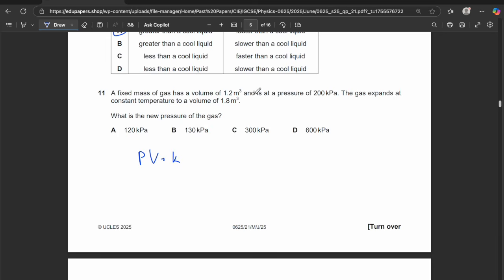So 1.2 times 200 kilo, we just leave it like this, and 1.8 times the pressure. If you put that in the calculator, you will get 133.33 and so on, and that rounds down to 130 kilopascals, so B.